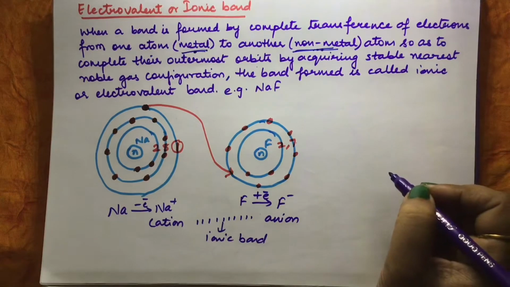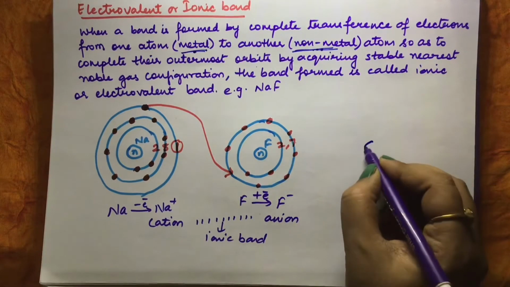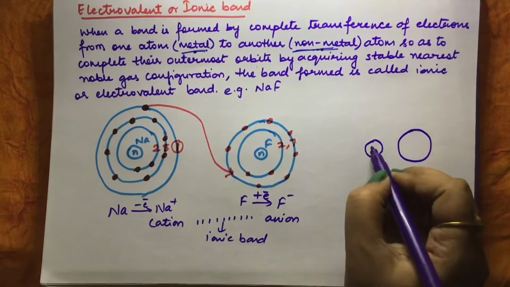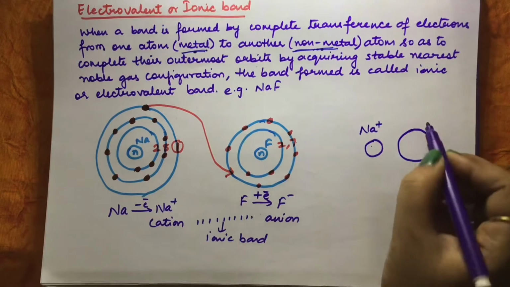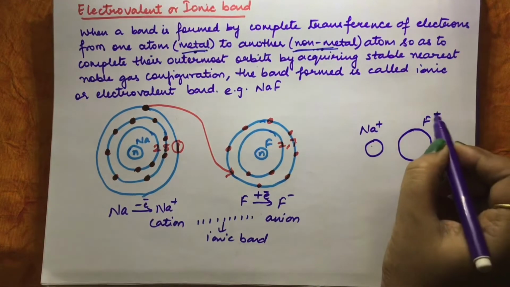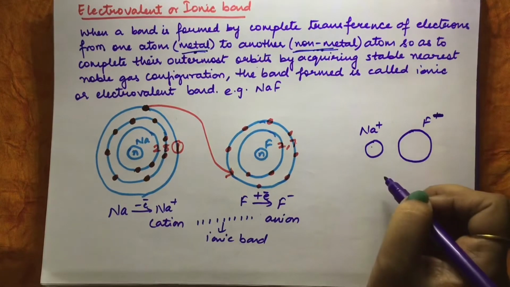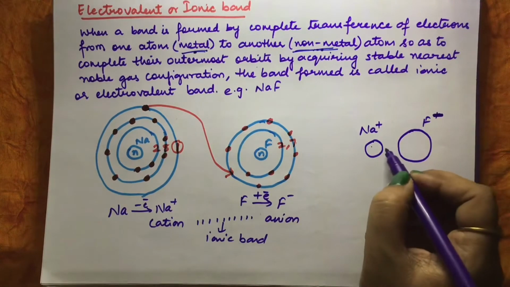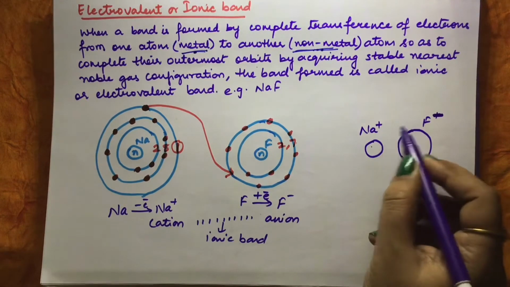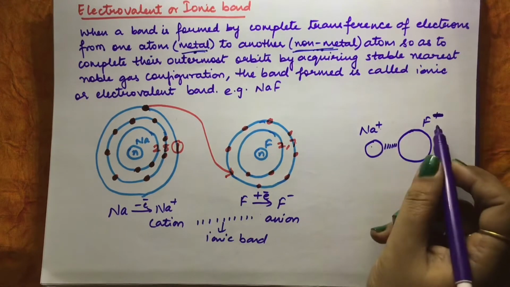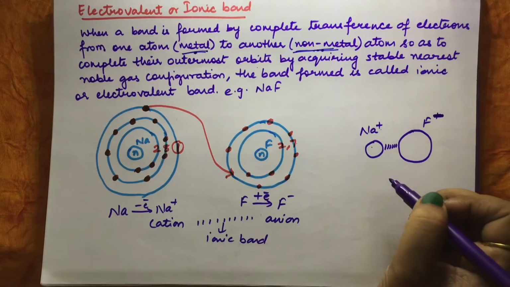Now if I show you the electron clouds, we know that cations are smaller in size and anions are larger in size. So this is Na plus and this is F minus. This is the electron cloud of Na plus, this is the electron cloud of F minus. When the NaF molecule is formed, it is formed due to the force of attraction between this positive and this negatively charged species.